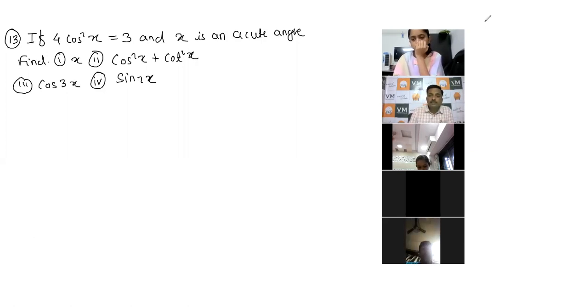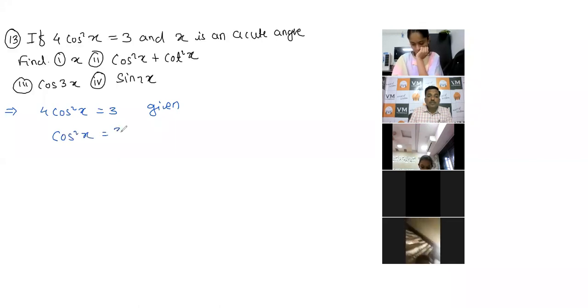Again the same. First, 4 cos square x is equal to 3, this is given. So this 4 is multiplied with cos square, so shift 4 to that side. Cos square x is equal to 3 by 4. Take the square root: cos x is equal to root 3 divided by 2.